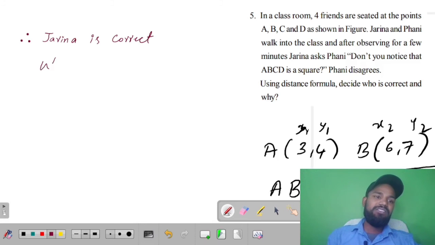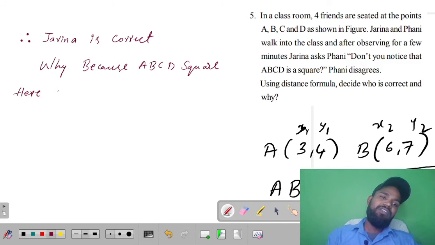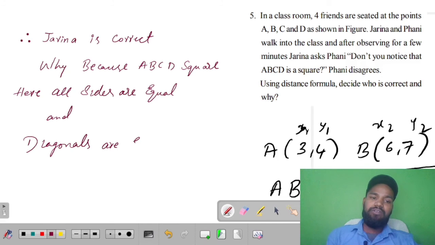Why? Because ABCD is a square. Here all sides are equal and diagonals are also equal.